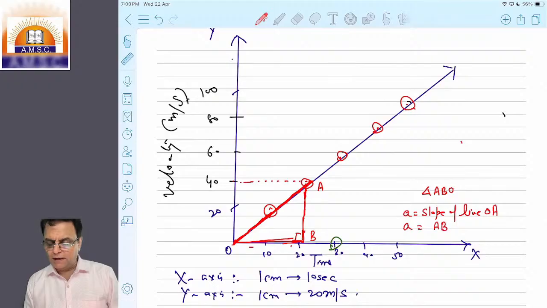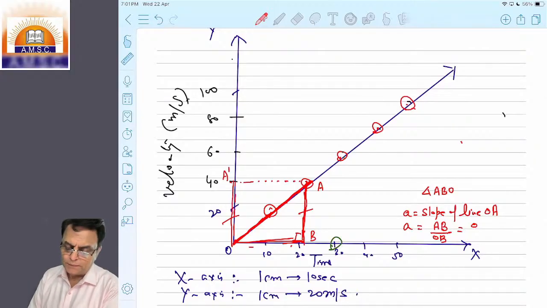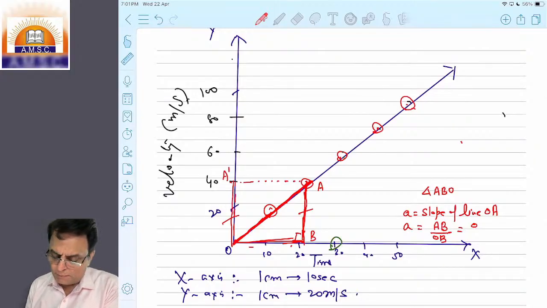It is equal to AB divided by OB. What is AB? अगर मैं इस पॉइंट को A dash कह दूं, तो AB को पहले आप रिप्लेस करो. ये एक तरीके का रेक्टेंगल है और हमें मालूम है अपोजिट साइड ऑफ द रेक्टेंगल आर इक्वल, right? So this AB can be replaced as OA dash divided by OB. This OA dash happens to be 40, OB happens to be 20. कैंसिल हो गया ना? तो value of acceleration, right, कितनी आ गई बेटा? 2 मीटर पर सेकेंड स्क्वायर.